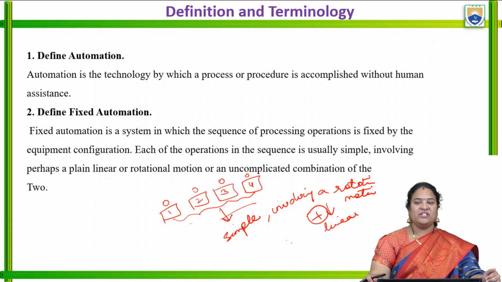So what do we mean by fixed automation? Fixed automation is a system in which the sequence of processing operations is fixed by the equipment configuration. That is, this sequence cannot be changed, where each operation is usually simple, involving plane, linear or rotational motion, or an uncomplicated combination of the two.